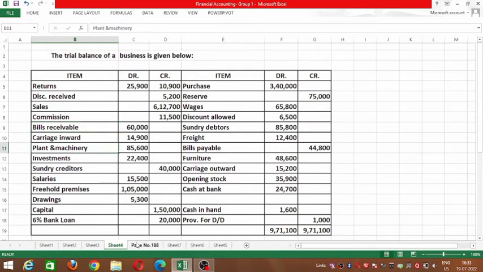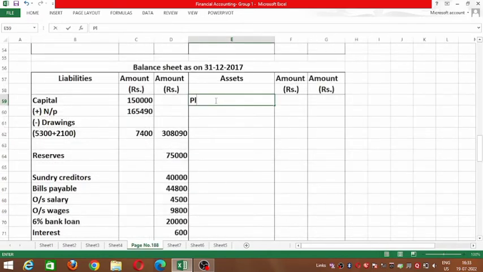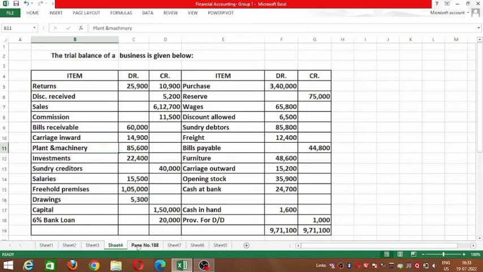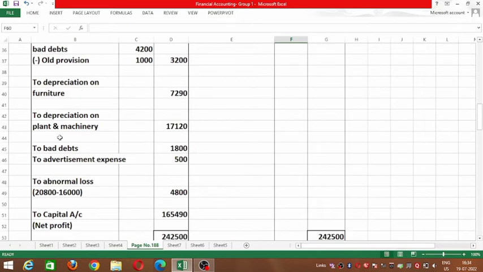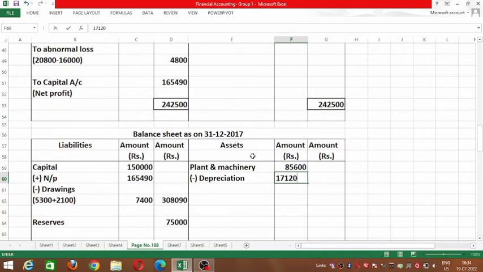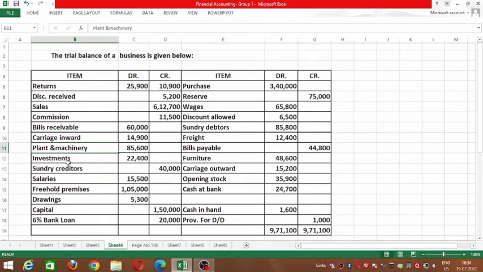Plant and machinery, 85,600, minus depreciation, 17,120. Next, investments, 22,400.